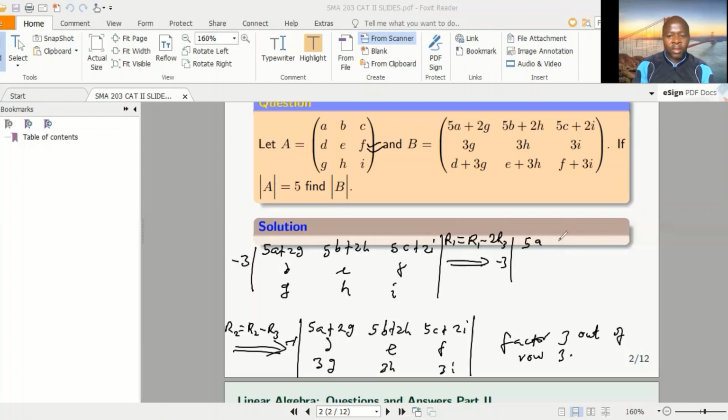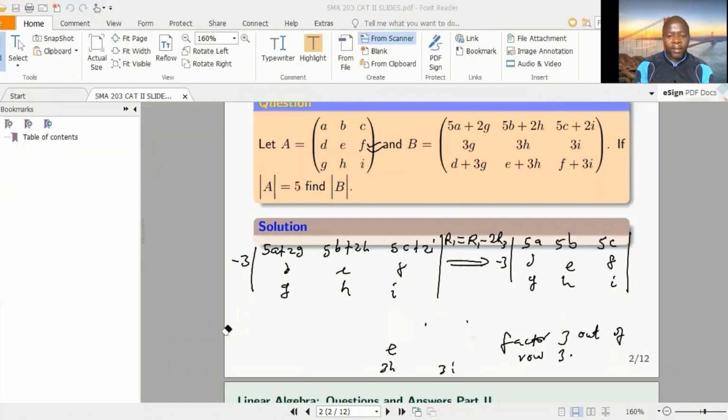The same thing happens to this, and we have 5B, and this one is 5C. And then we shall have D, E, F, and G, H, I. Just as I've said before, when we subtract a multiple of a row from another row, the new determinant will just be the same as the older determinant. So it has no impact on the determinant.